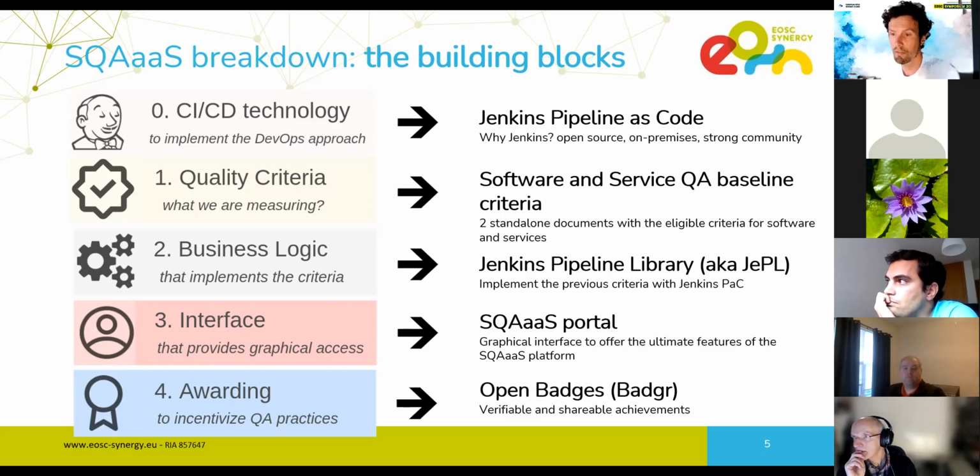The portal is the graphical website that provides an easy way to benefit from the potential of the library, which is the JPL library. And not only that, as we have already commented in the first slide, we also provide an SQA assessment and the capability of issuing badges, for which we use the open badges specification. Next slide.